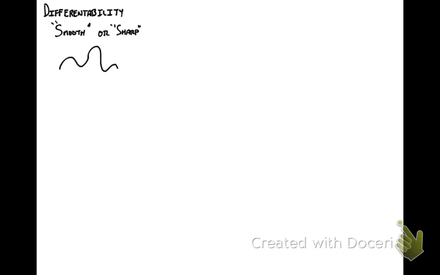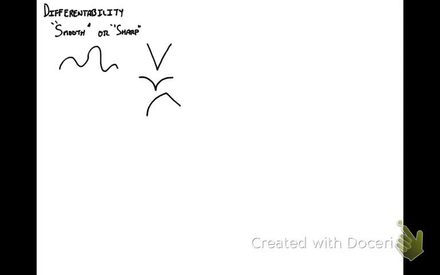Sharp points, though, could be like an absolute value graph. Could be a graph that looks something like this. Comes out to a cusp. Right, we could have a point that looks something like that.